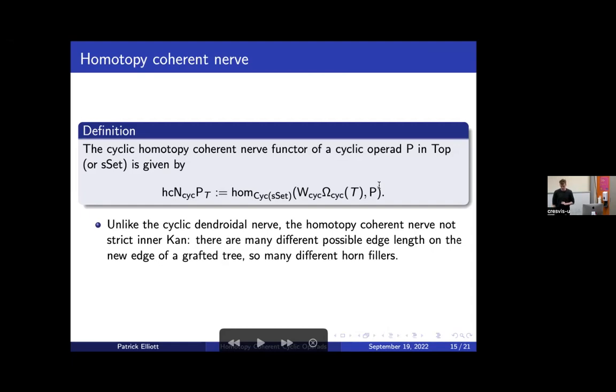So when we fill in a horn, there's a whole plethora of options for horn fillers. There's a whole interval of options. So we can't expect this to actually be strict.